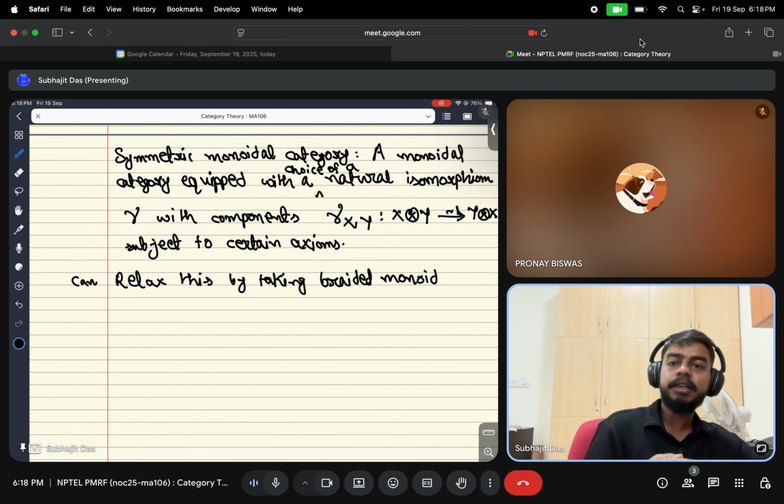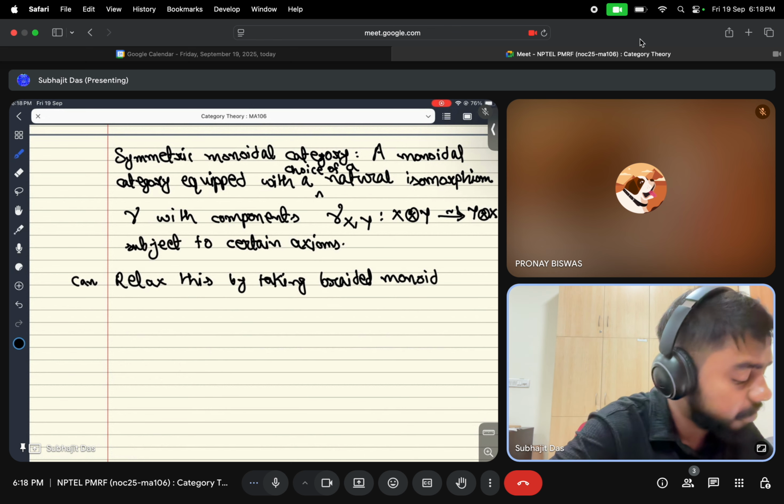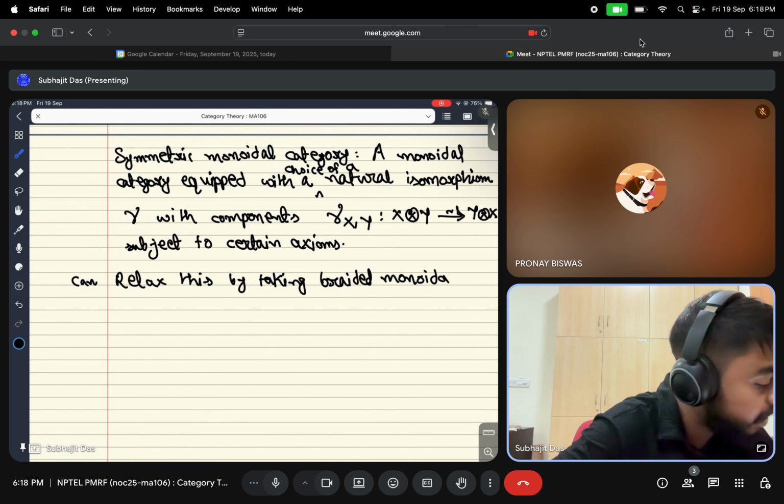This is exactly what a symmetry on a monoidal category is. For a braiding, you don't need this condition. You just need that it is a natural isomorphism subject to certain axioms, commutativity of certain diagrams. So I'll just write that can relax this by taking braided monoidal categories.